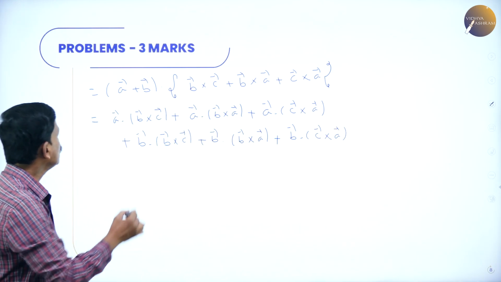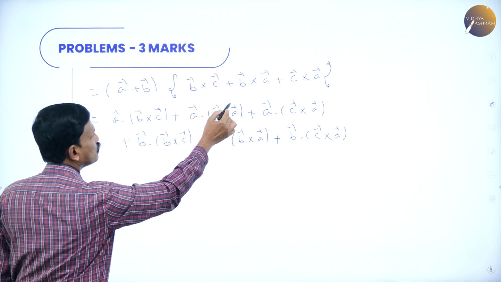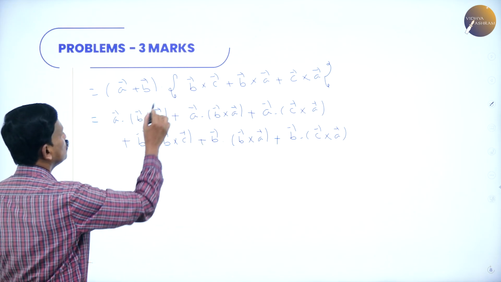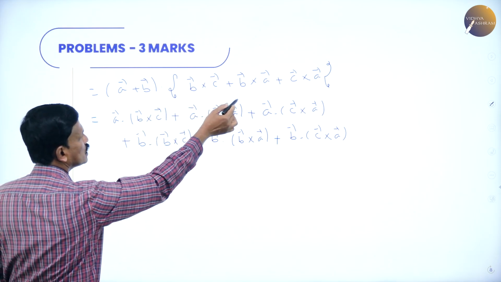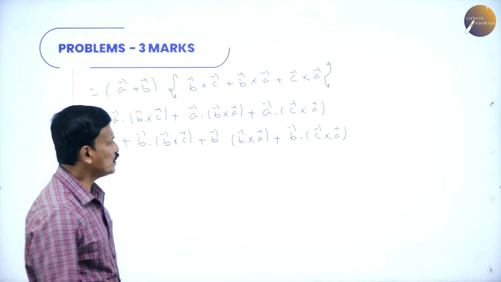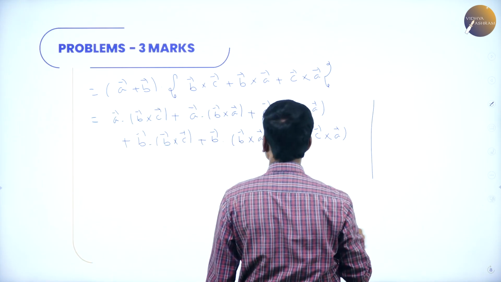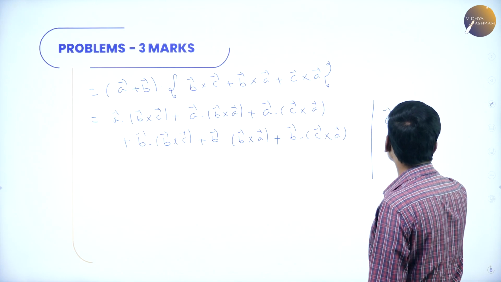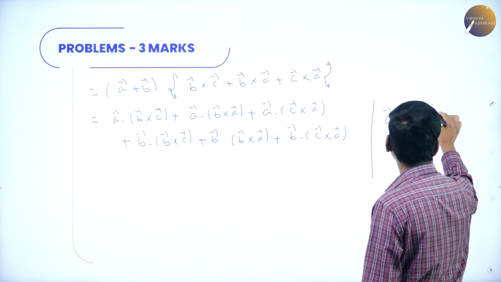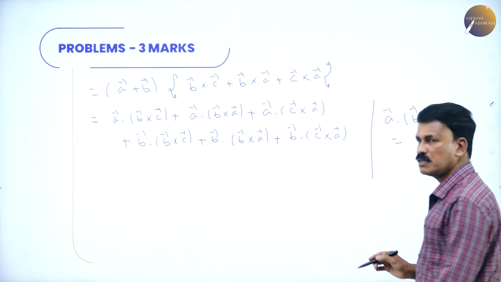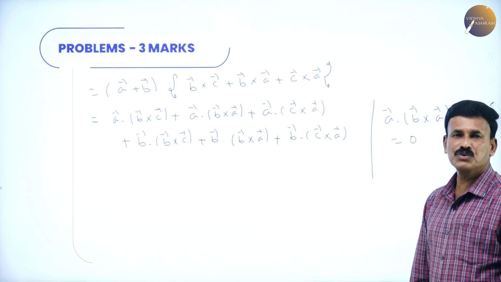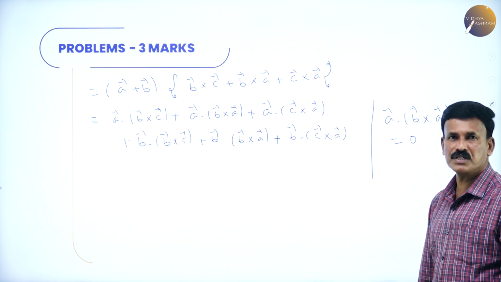Okay, now A dot B cross C plus B cross A plus C cross A, similarly B dot all these 3 vectors: B dot B cross C plus B dot B cross A plus B dot C cross A. So if any 2 vectors are same, like A dot B cross A, then the value of this determinant is equal to 0. That means if 2 rows or 2 columns are same, then the value of a determinant is 0.